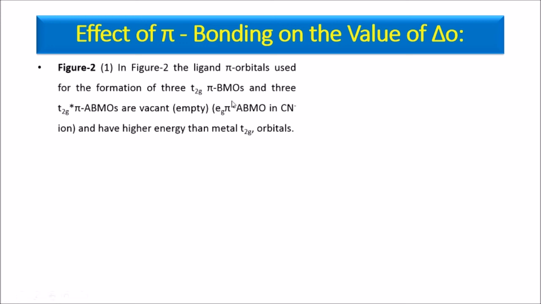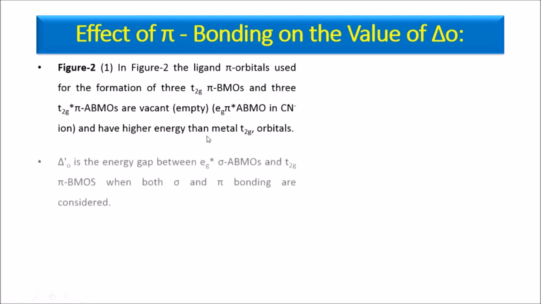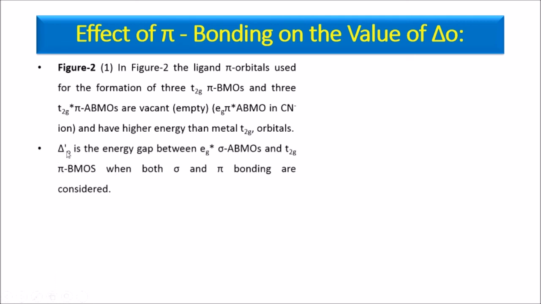This type of ligand has an antibonding pi ABMO which is vacant and has higher energy than the metal T2g orbitals.